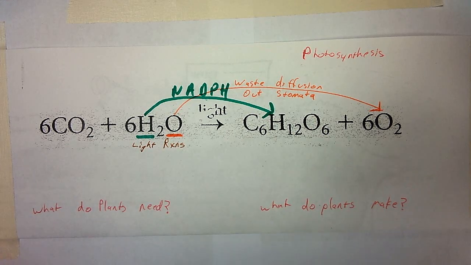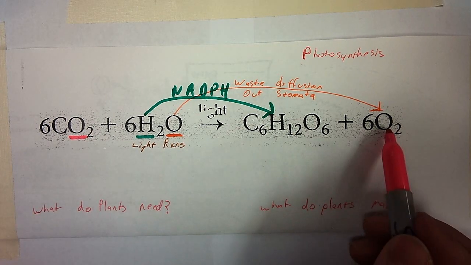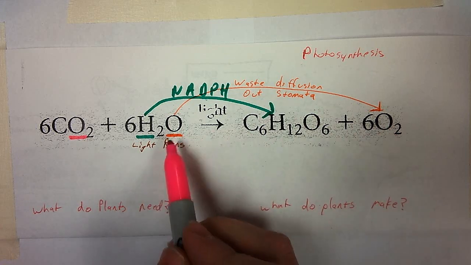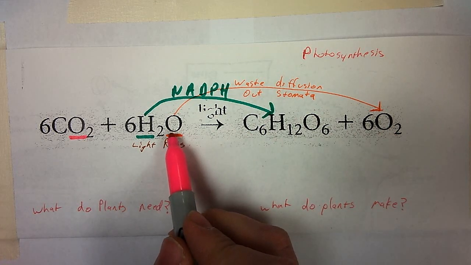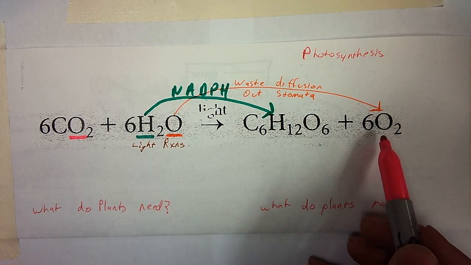Let's do the more difficult one first, the oxygen. This is really only difficult if you're starting from scratch, because we've already explained this oxygen has to have come from the water, because this is the only situation that produces pure oxygen.